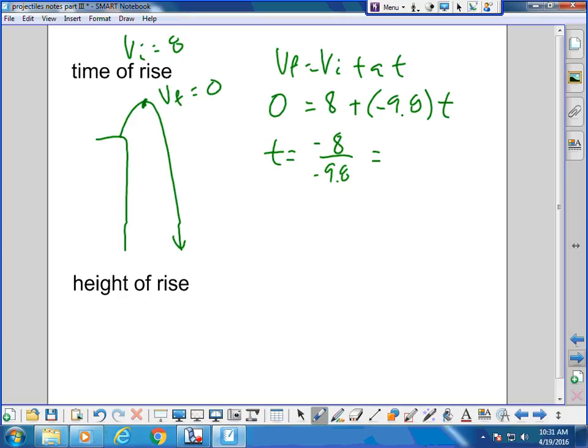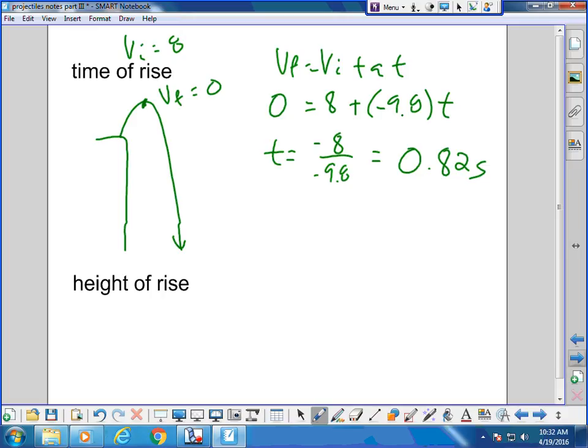So some number about like 0.8 or so. Sorry, no calculator with me. That's fine. 0.82? Okay, let's go with 0.82. So 0.82 seconds to get to the top.